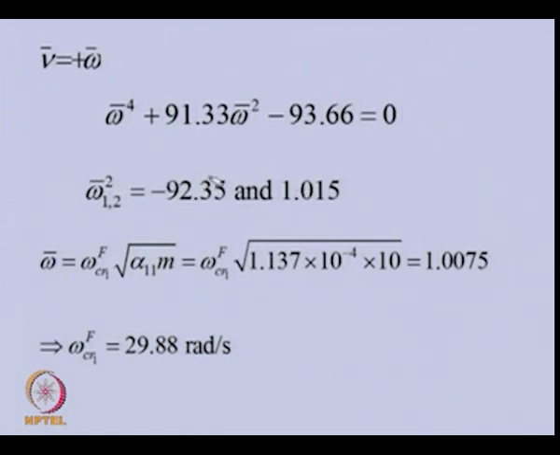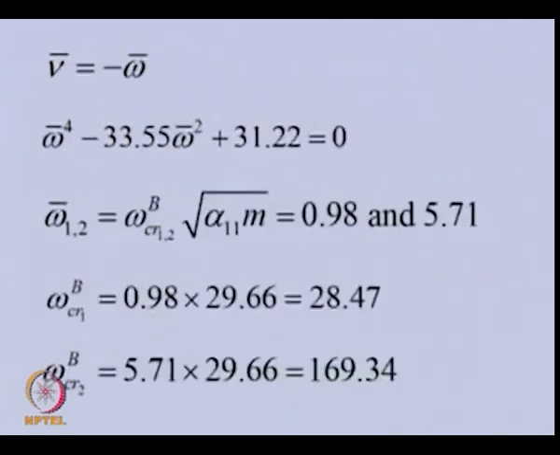Because we have defined omega bar like this, the feasible forward critical speed can be obtained from this expression. From this we will get the first critical speed like this, but the second is not feasible, so we are not obtaining that.